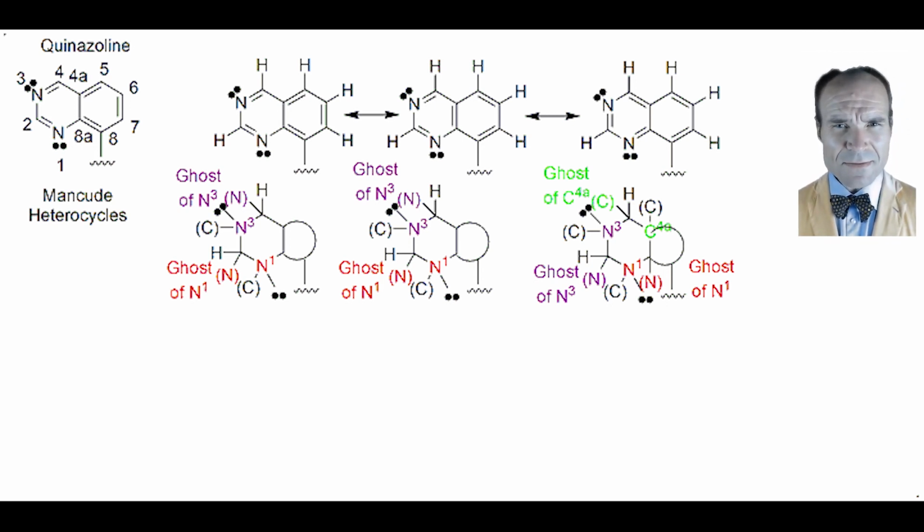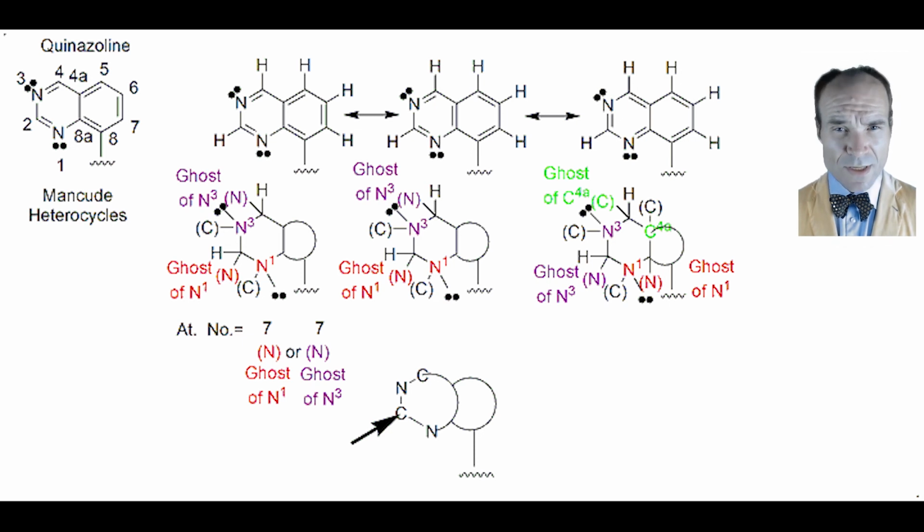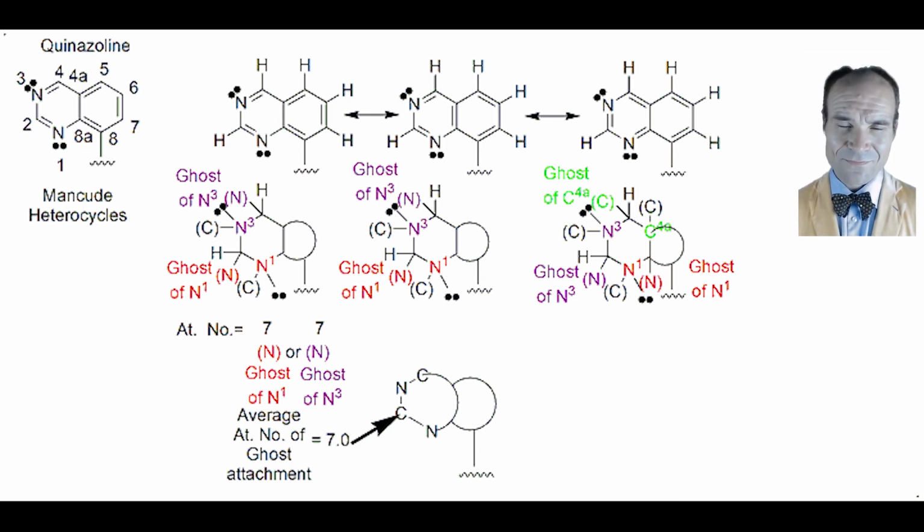Now, what does this mean in terms of average atomic number at positions 2 and 4? At position 2, we have 2 sources of nitrogen ghost atom, from nitrogen 1 and nitrogen 3, with the atomic number 7. So the average of 7 and 7 is 7.